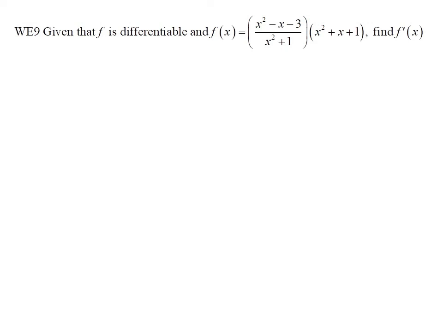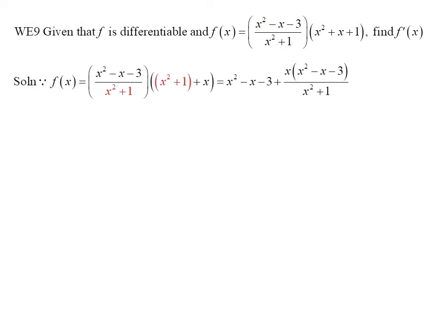Similar to the previous example, f of x is transformed and simplified before working on its derivative. Now, f of x is written as the bracket x squared minus x minus 3 all over x squared plus 1, times x squared plus 1 plus x.